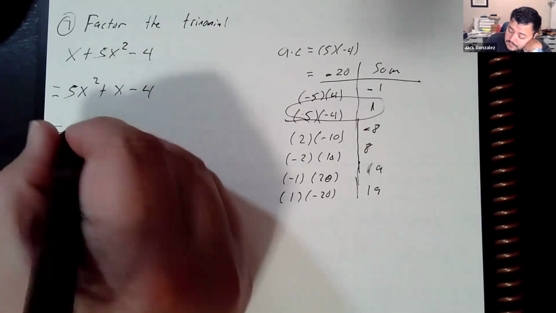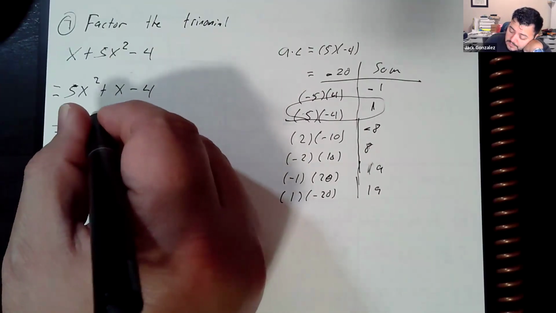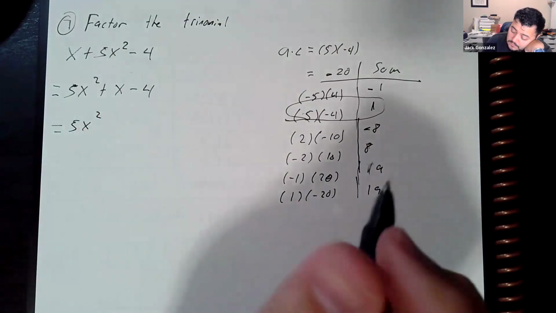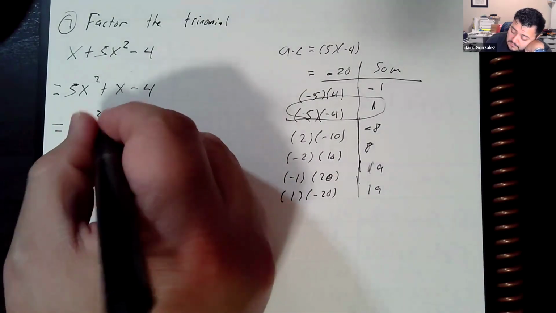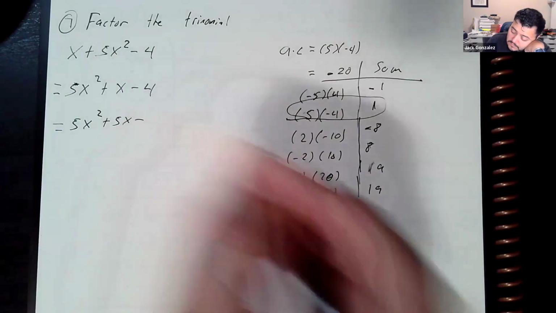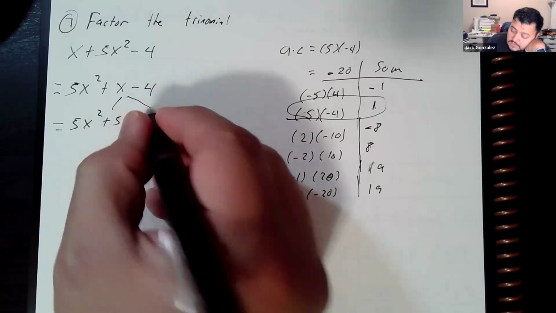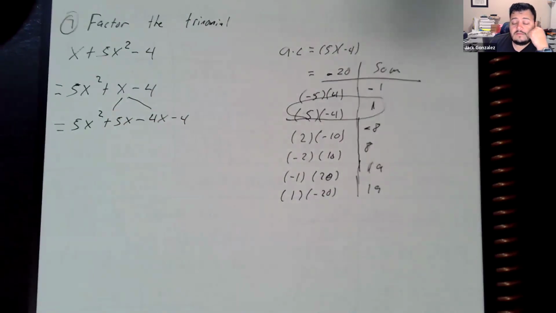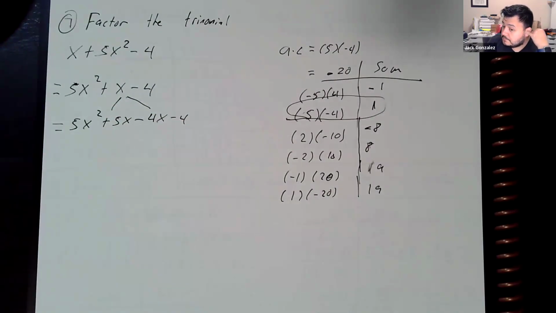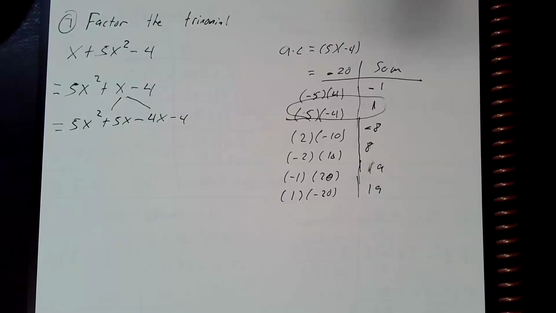So break up the middle term to begin the AC method here. So plus 5x minus 4x minus 4. I broke it down to these two. 5 minus 4 is 1x, right? Yes.